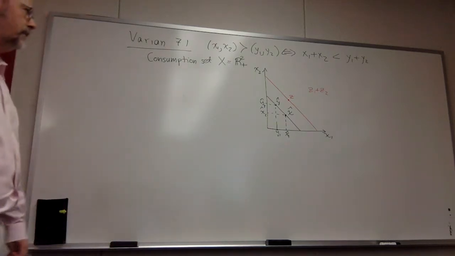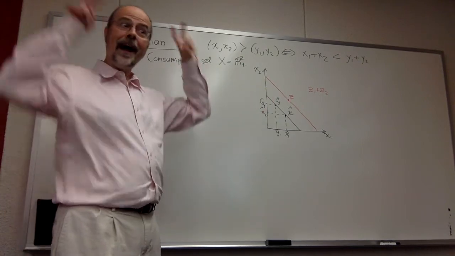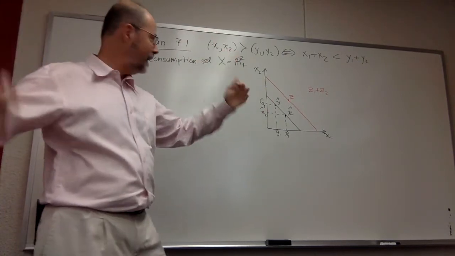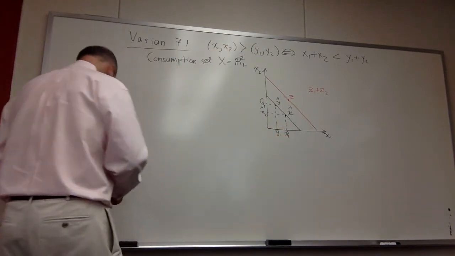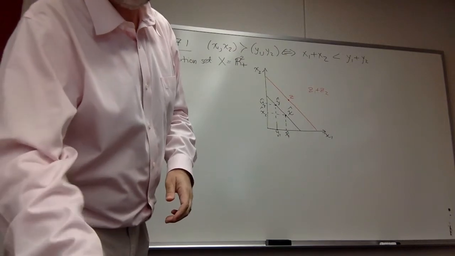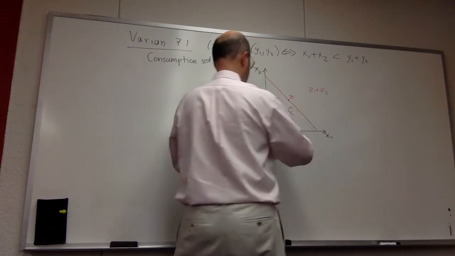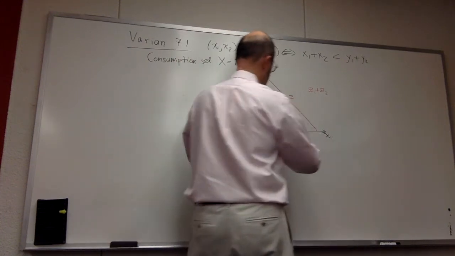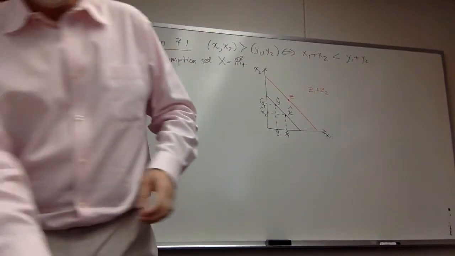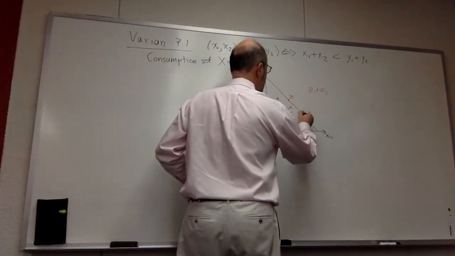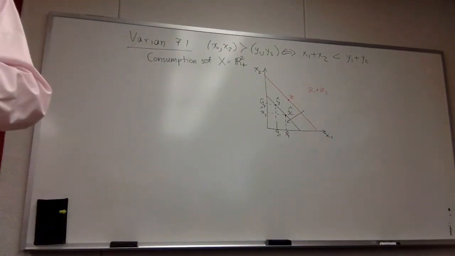So to answer my own previous question, in order to find an indifference curve that is higher in terms of utility level, I need to go down and to the left. Okay? So the way I'm going to indicate this is by drawing an arrow in the direction of increasing utility.